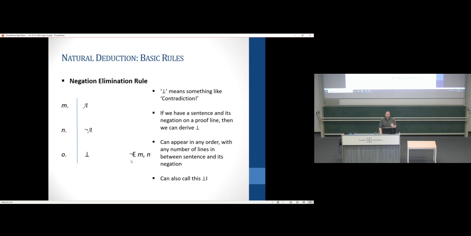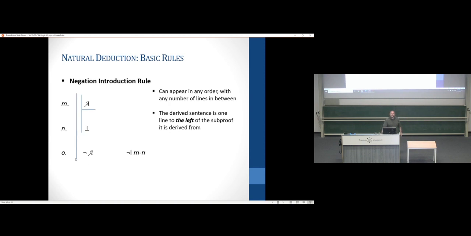This rule is the only way to ever get one of these. That's why this is contradiction introduction. So going back a slide, a rule that has to occur in this subproof needs to be negation elimination, because that's the only way you could have derived this contradiction.